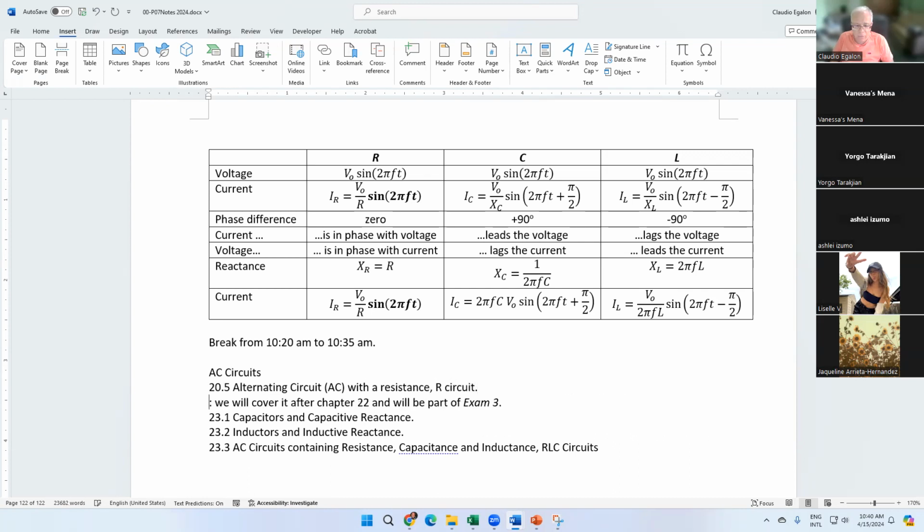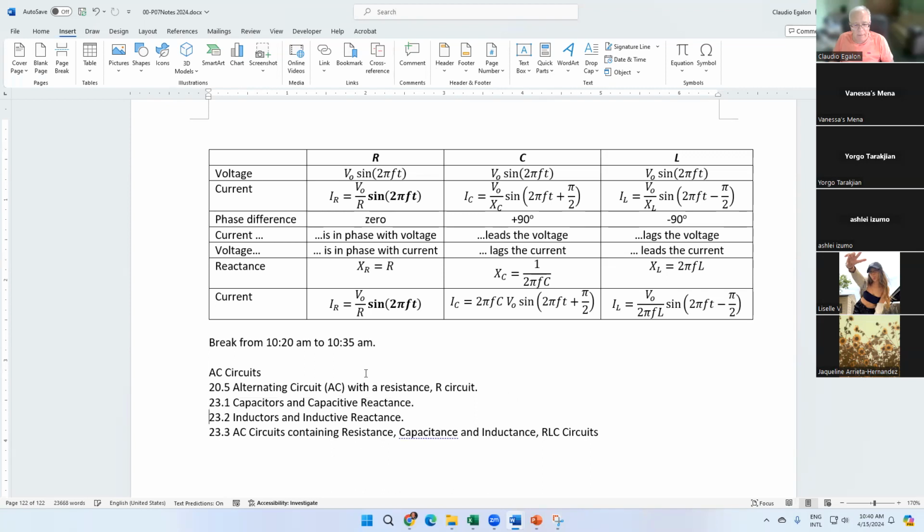Capacitance and capacitive reactance, this one will be like C circuit, right? This one is going to be L circuit, right? And this one here would be RLC circuits.